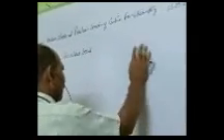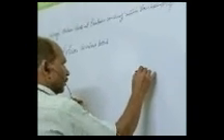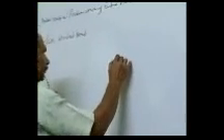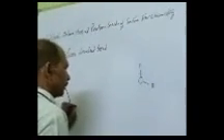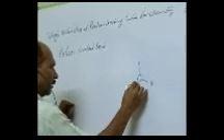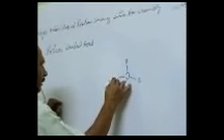I am taking another example. Very simple example, water molecule. What will happen? According to VSEPR theory, we get the tetrahedral electron pair geometry. That means one hydrogen like this, another hydrogen like this, and the lone pairs are directed towards this and towards this.